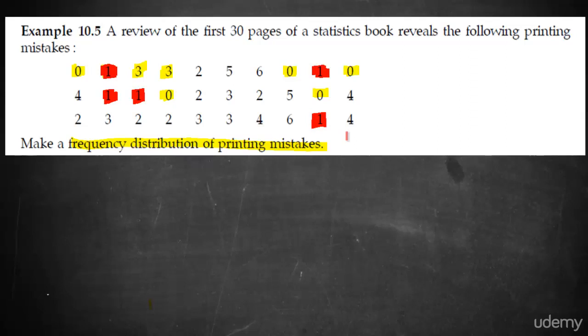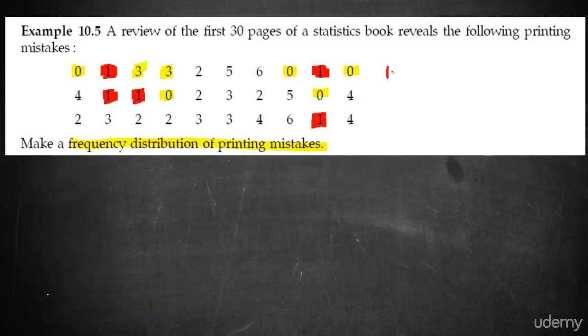In this way, we can identify how many mistakes there are page wise. See, the minimum mistake is 0.